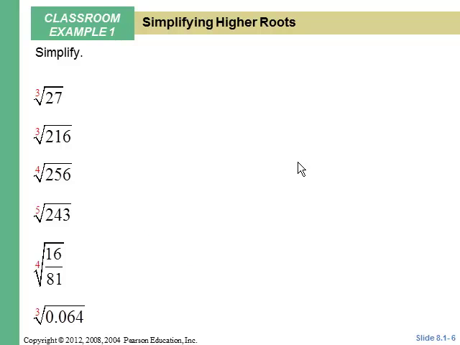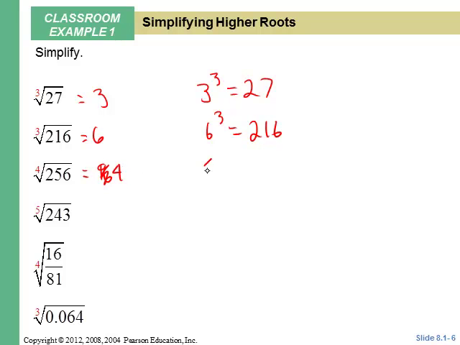So for each of these radicals, simplify. The first one is 3, because 3 cubed is 27. The second one is 6, because 6 cubed is 216. The third one is 16. No, it isn't. Yeah, it's 4, because 4 to the fourth is 256. The fifth root of 243 is 3, because 3 to the fifth is 243.